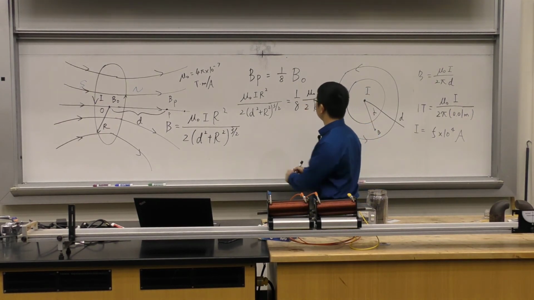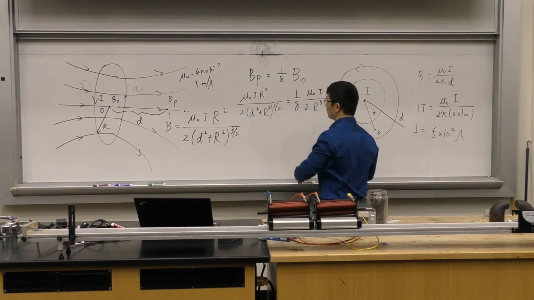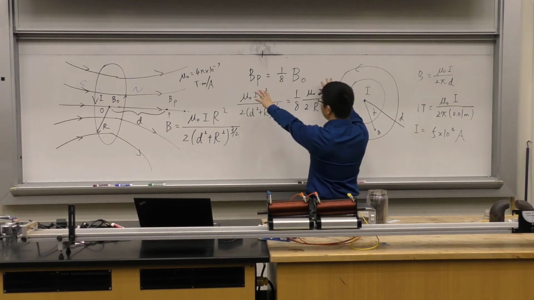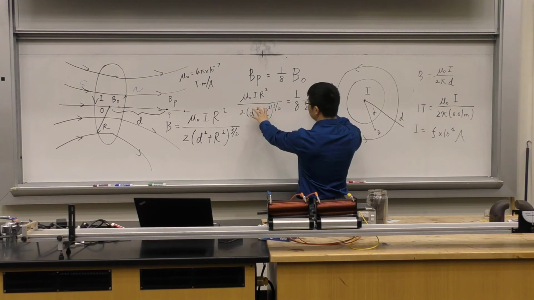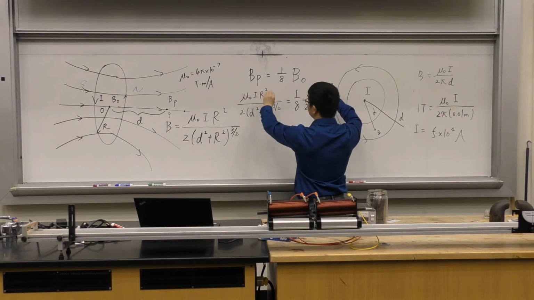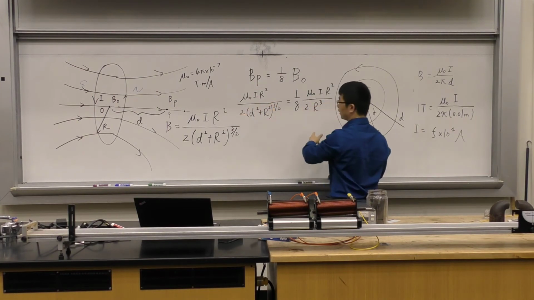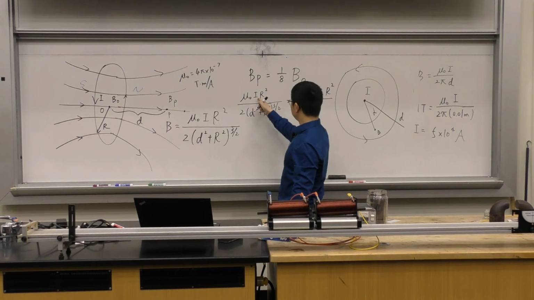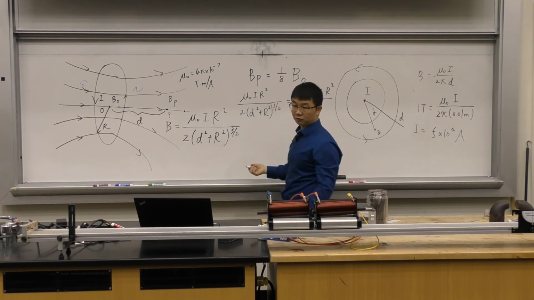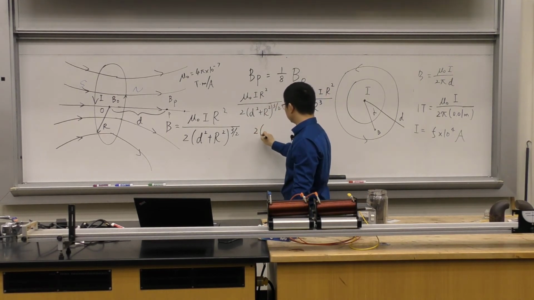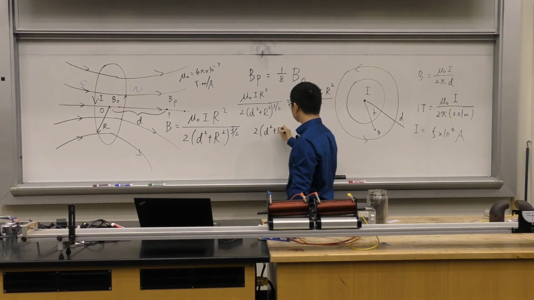This denominator and this denominator are equal, and they have the same numerator, so I don't even need to care about that. You just want these two guys to be equal.